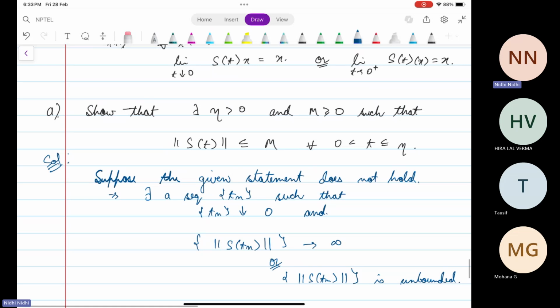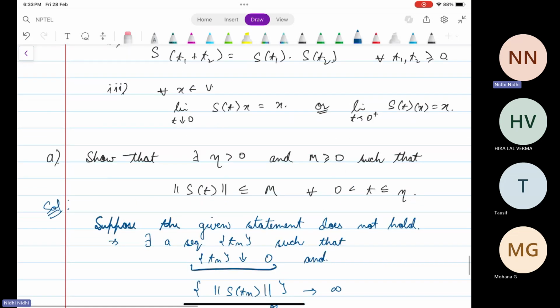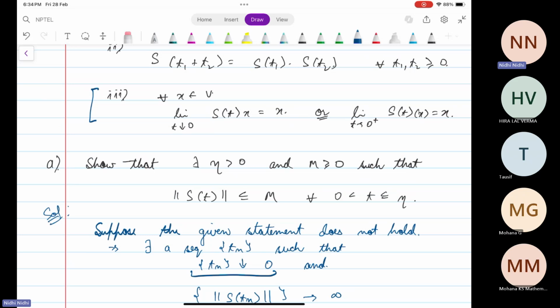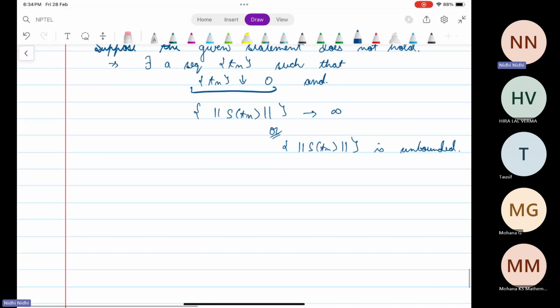Now since Tn is decreasing to 0, by property 3 of this collection St, we know that St converges pointwise to the identity operator, because Stx is equal to x as t tends to 0.